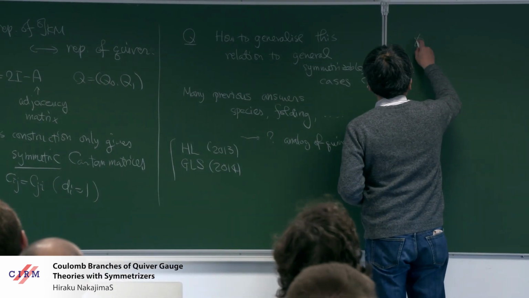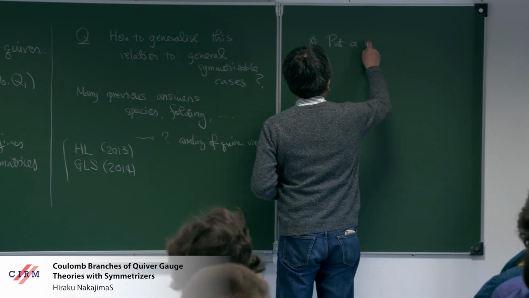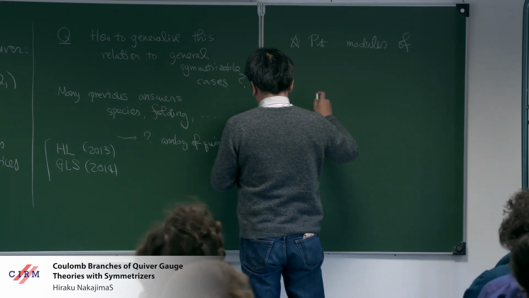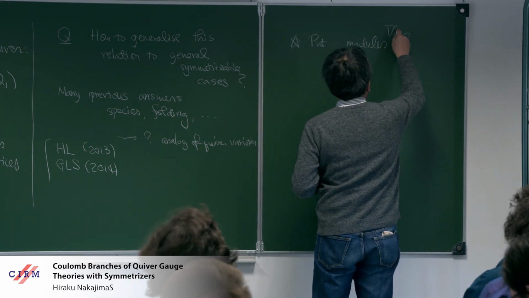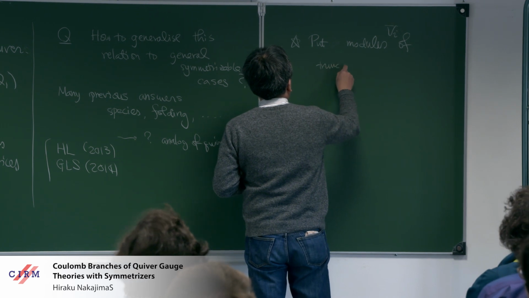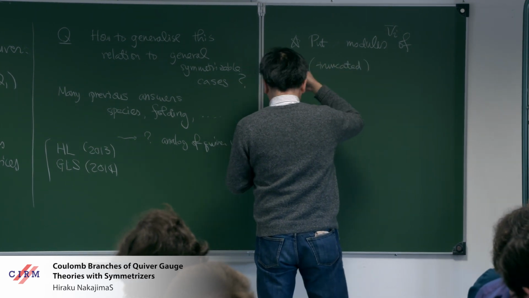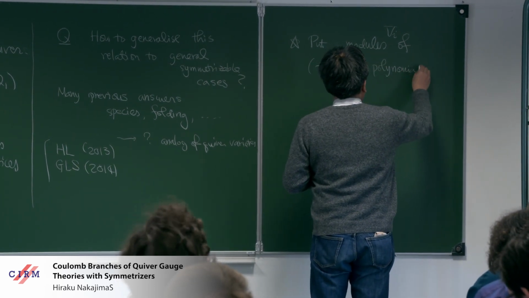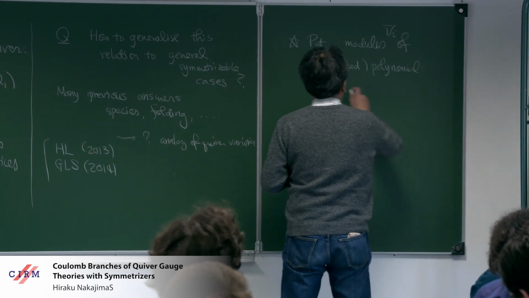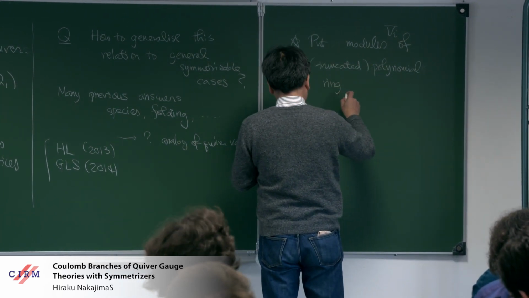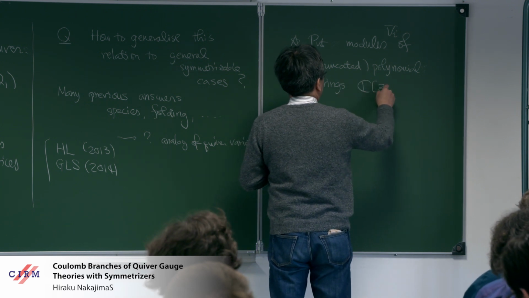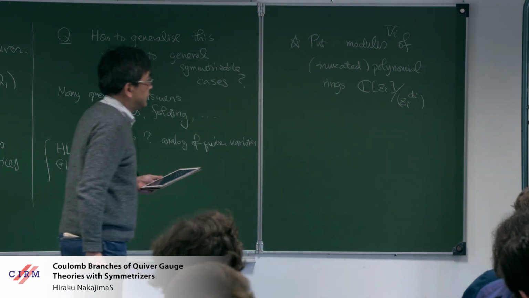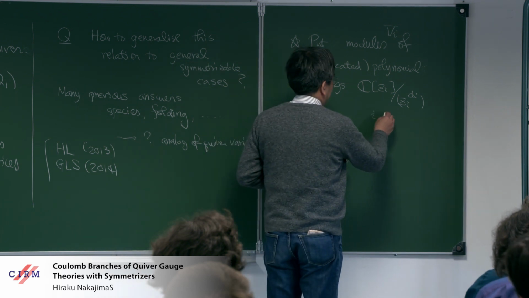First, they put modules Vi over truncated polynomial rings C[xi] truncated by xi to the power di, for each i.